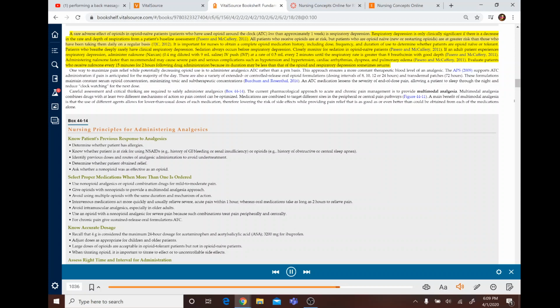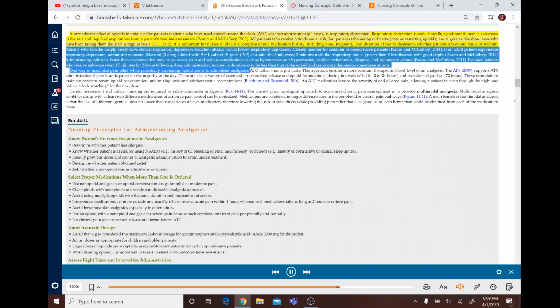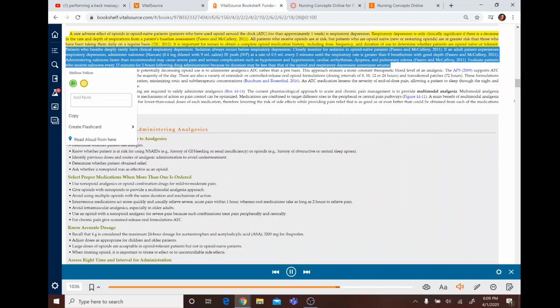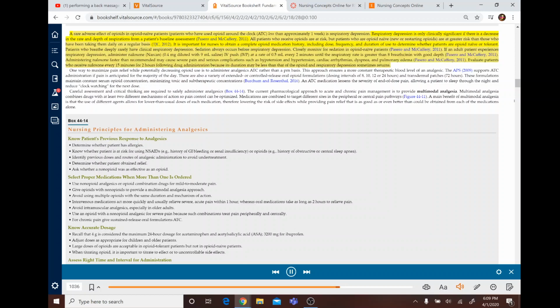Patients who breathe deeply rarely have clinical respiratory depression. Sedation always occurs before respiratory depression. Closely monitor for sedation in opioid-naive patients (Pasero and McCaffery, 2011). If an adult patient experiences respiratory depression, administer naloxone (Narcan) 0.4 mg diluted with 9 mL saline, slow IV push, at a rate of 0.5 mL every 2 minutes until the respiratory rate is greater than 8 breaths/min with good depth (Pasero and McCaffery, 2011).